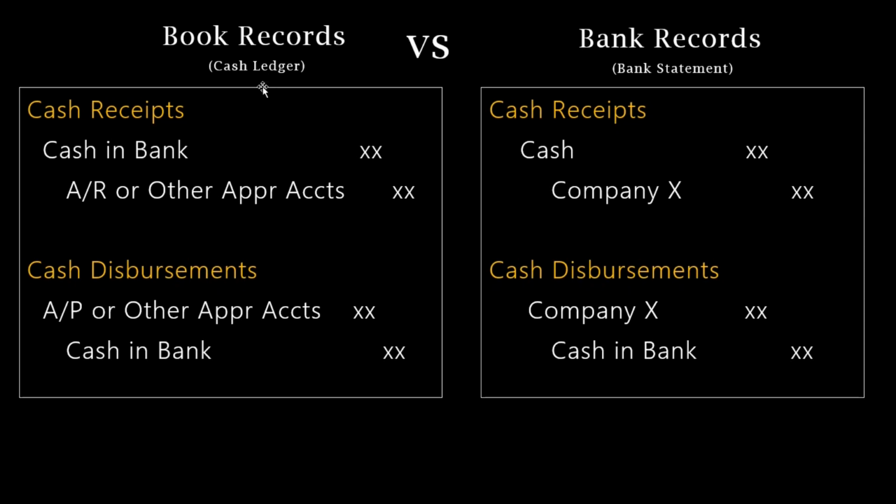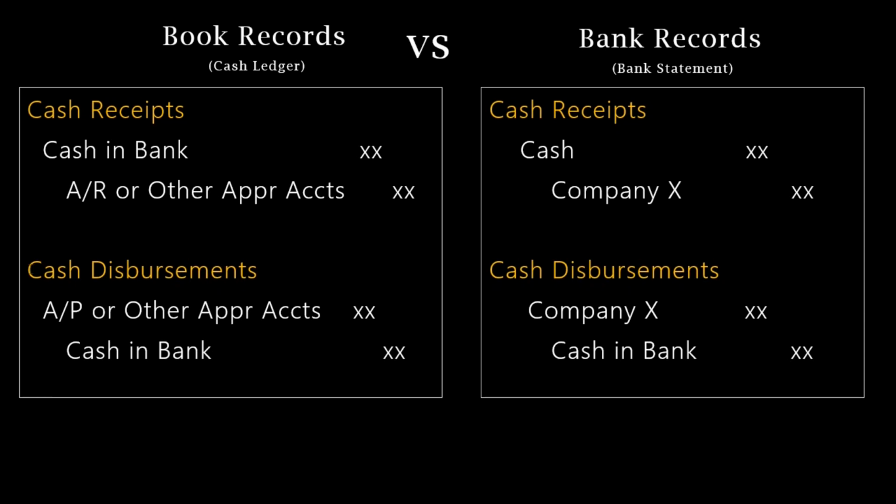So, dito sa records natin, cash in bank account will have a normal balance of debit kasi we consider it as our asset. Of course, we know that cash in bank is an asset. So, every time there is an increase in our cash balance, we have to debit the same.